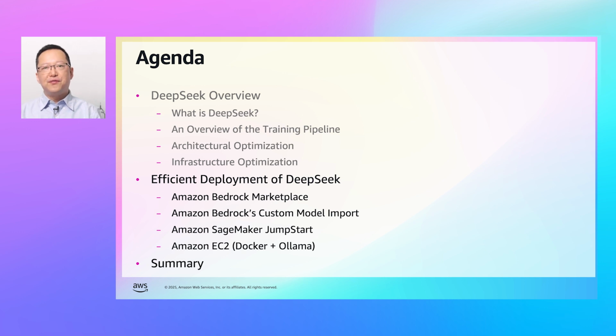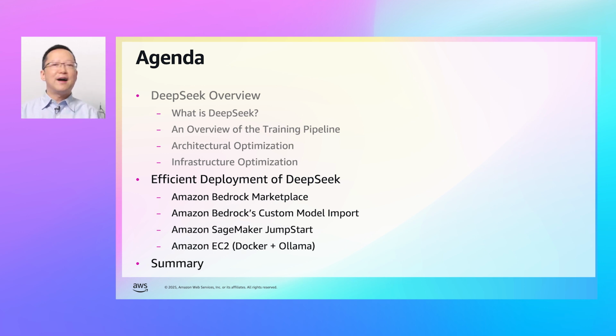I will introduce 4 deployment methods, including deployment through Amazon Bedrock Marketplace, deployment using Amazon Bedrock imported models, deployment with Amazon SageMaker AI JumpStart, and how to perform private deployment on EC2.